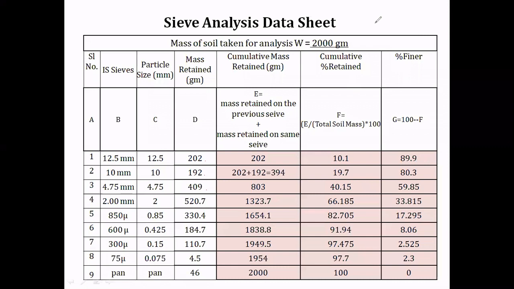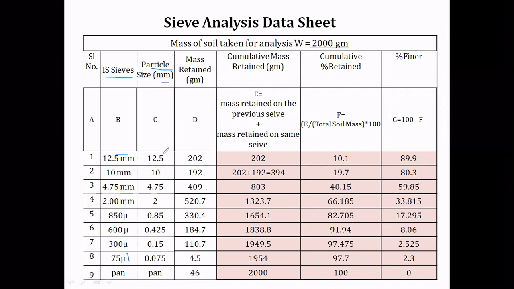Now let's start with the calculation of this sieve analysis. So this is your complete sieve analysis data sheet in which we have the highest sieve from 12.5 mm up to 75 micron. Second is your particle size in mm. So it is nothing but equal to your highest sieve number.